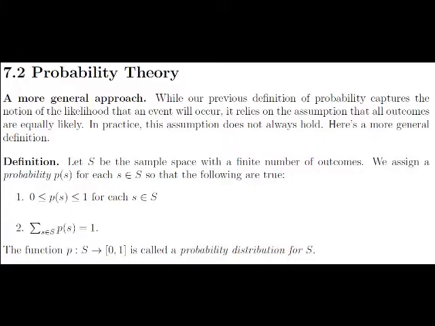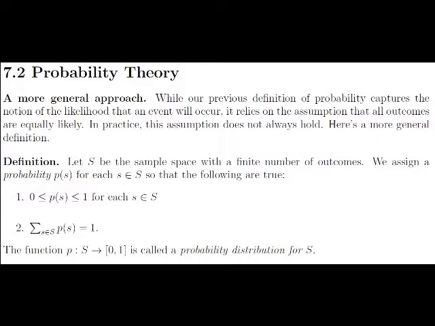Next, let's go to probability theory that gives us a more general approach. So even if we do not have all these equally likely assumptions, we can still calculate some probability.